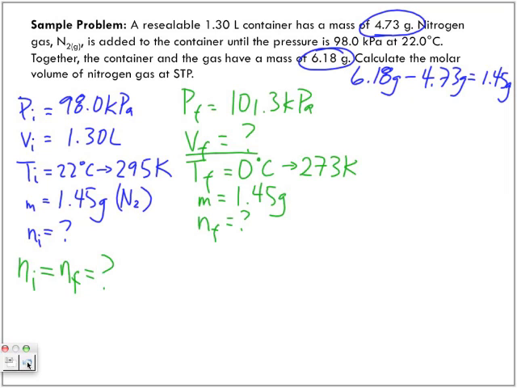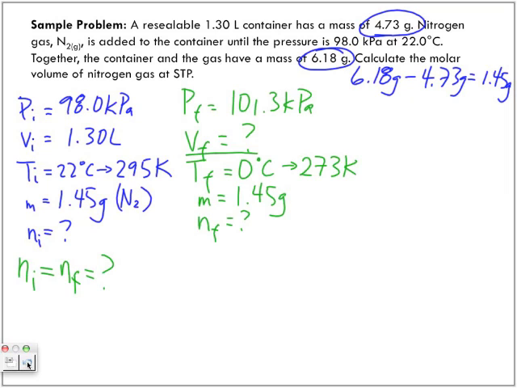Imagine you're putting 5 moles of a gas in a big 10-liter container, and then you're putting it into a container that's even smaller. All we're doing is putting all the particles even closer together in a smaller container. But the number of moles hasn't changed. The volume of the gas has changed. Remember, the number of moles doesn't change.